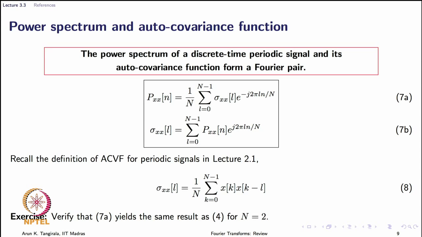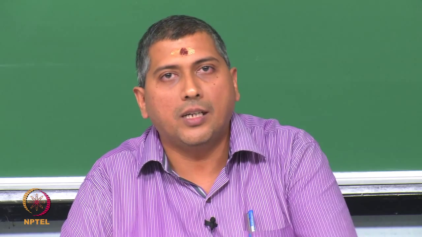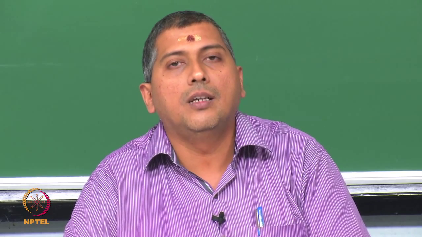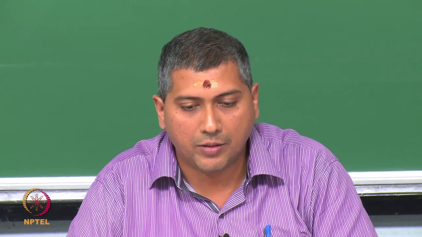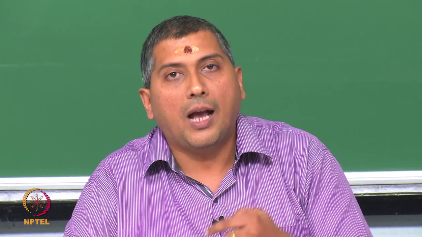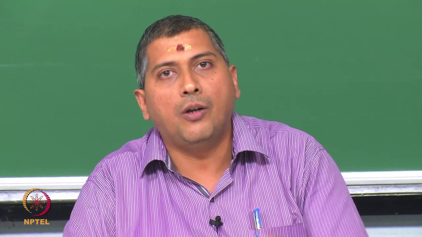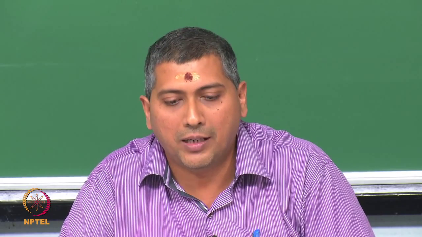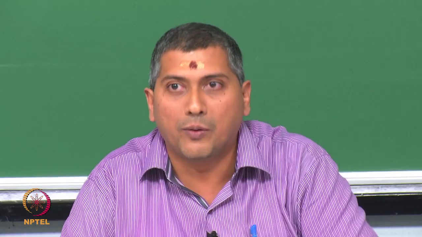The point is when I move to the class of random signals, although we do not do that in this course, Fourier representations of random signals do not exist, but autocovariance functions can be defined for random signals. So, what I do is I define power spectrum not via the Fourier transform of those random signals, but as the Fourier transform of the autocovariance function.